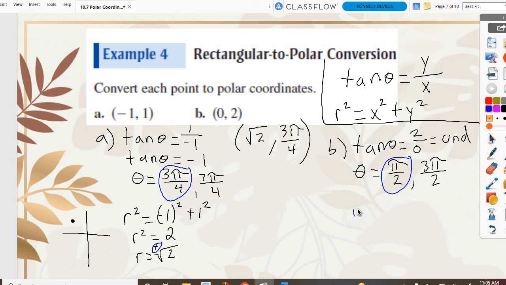Okay, so then here we're going to have r squared equals 0 plus 4. So what does r end up being? 2. And again, it would technically be plus or minus, but we're going to choose the positive. So we get (2, pi over 2).